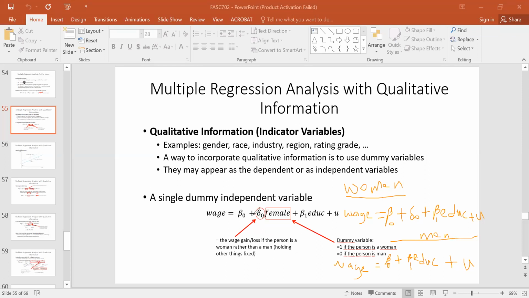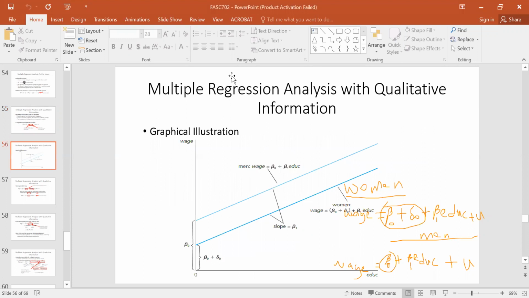So this delta 0 means women get delta 0 more than men. That's all. As you can see, the difference in these two equations is delta 0. The intercept here is this, and here the intercept is just that. That's why on the next slide you will see straight lines. Beta 1 is the same, so the slopes are the same.